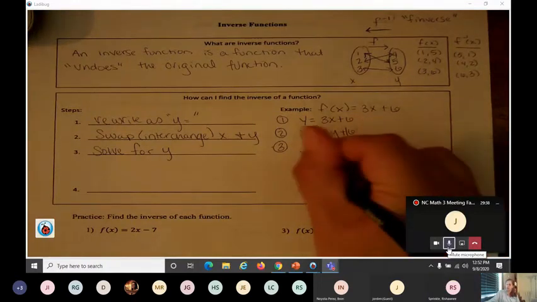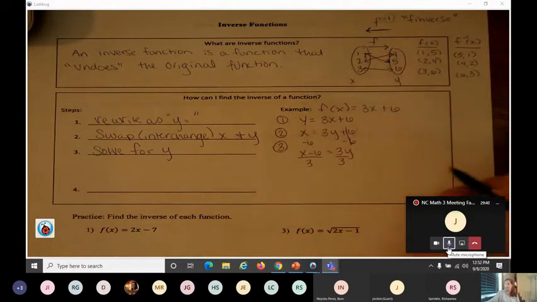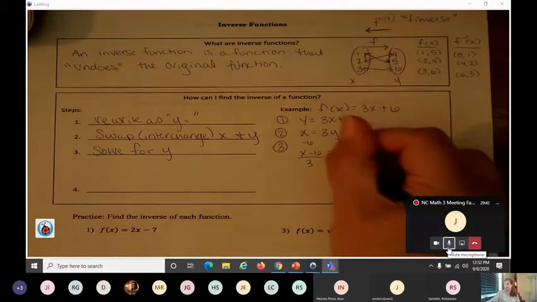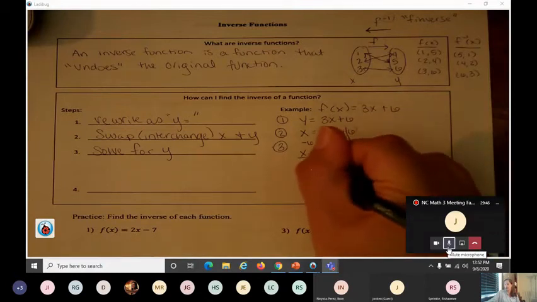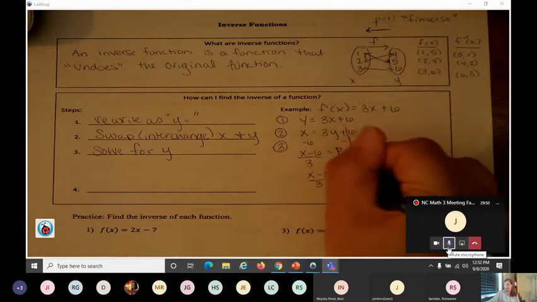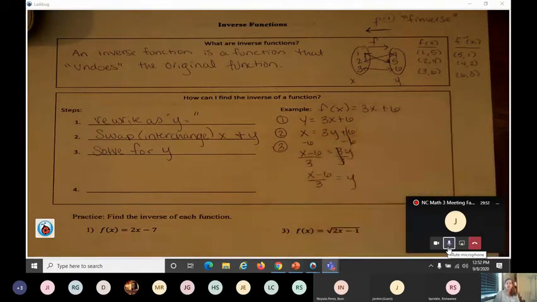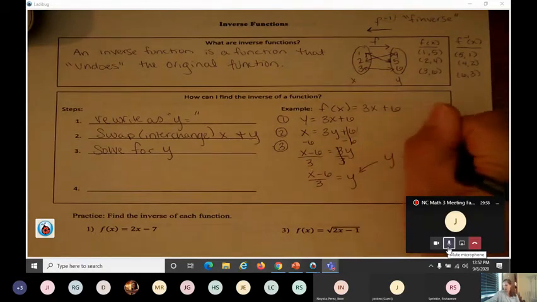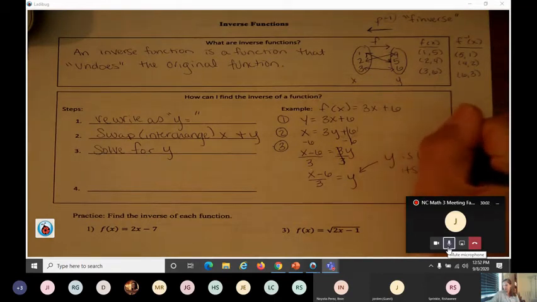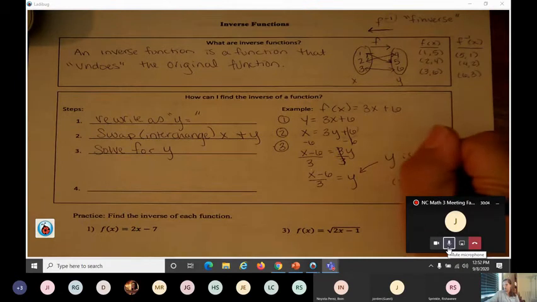Thank you, Rashani. Okay. So when I do that, these 3's cancel out and I end up with x minus 6 over 3 equals y. Now we have solved for y. y is by itself. Okay, this means it is solved for y.